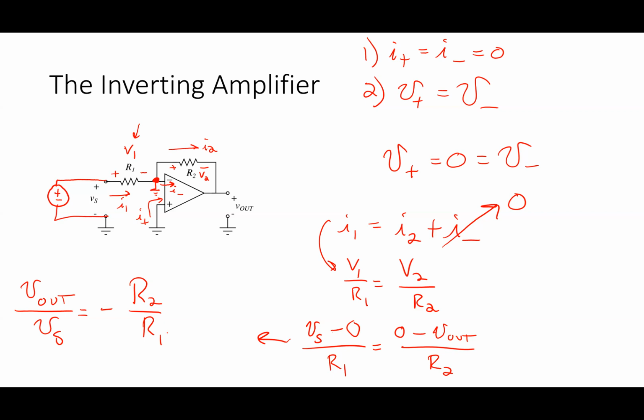Now you'll notice in my examples, I always choose values in the kilo ohms. The reason is if I had 10 volts out of this thing and 1 ohm resistors, I'd have 10 amps coming out of it. Op amps are not meant to give you that kind of current.